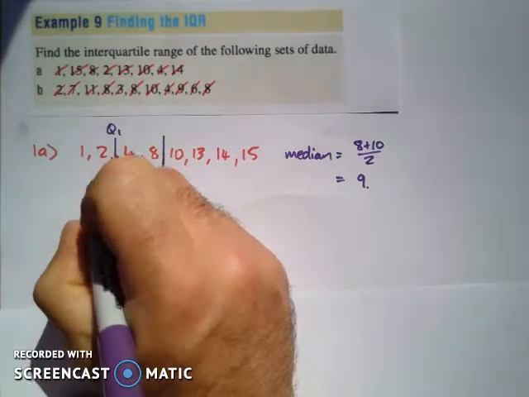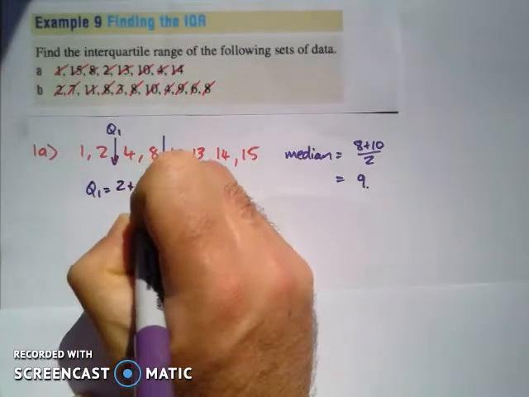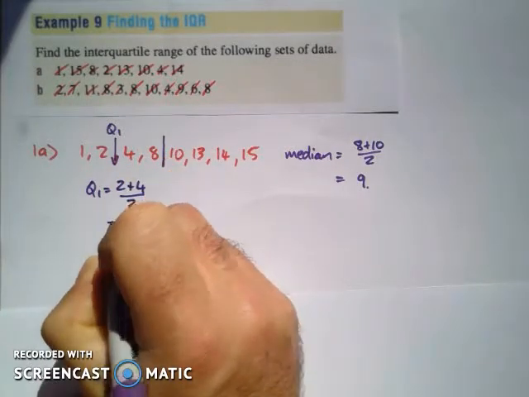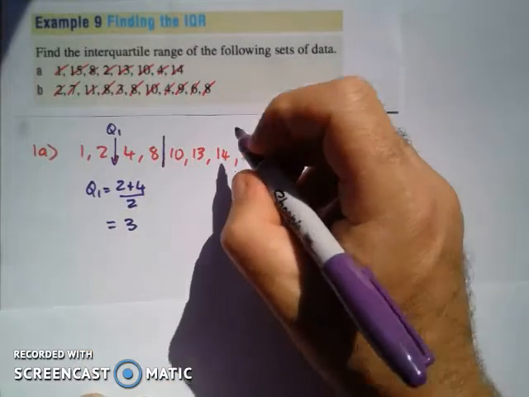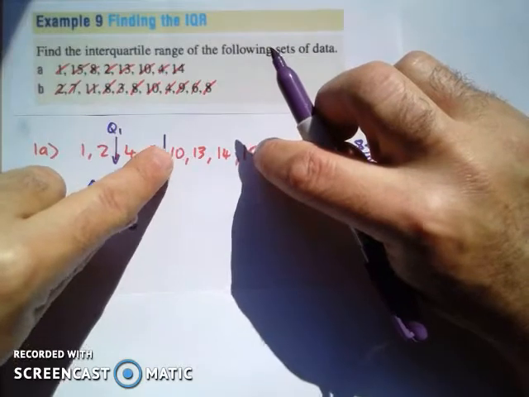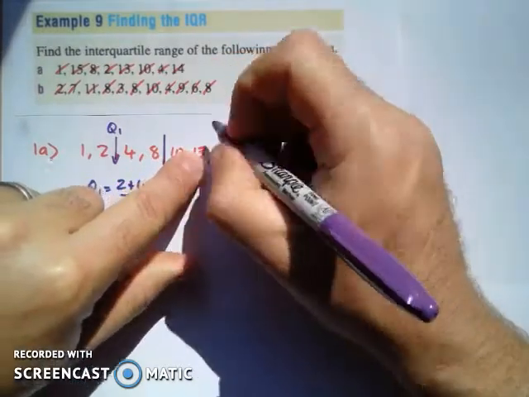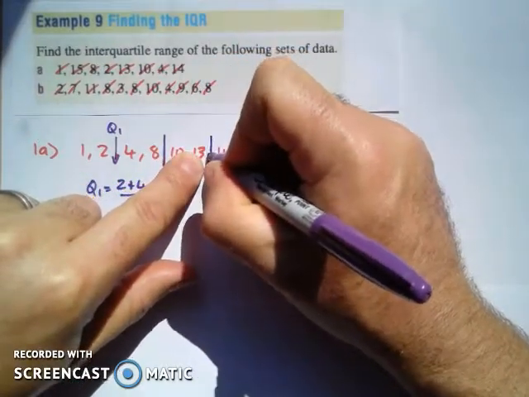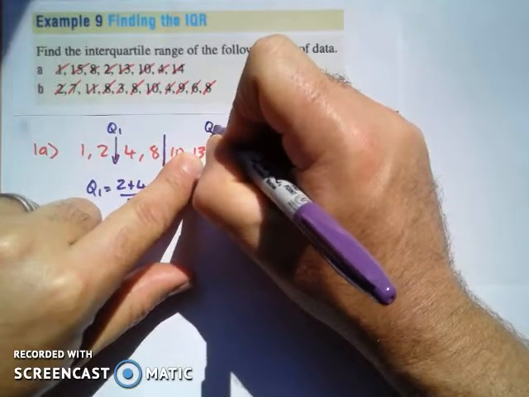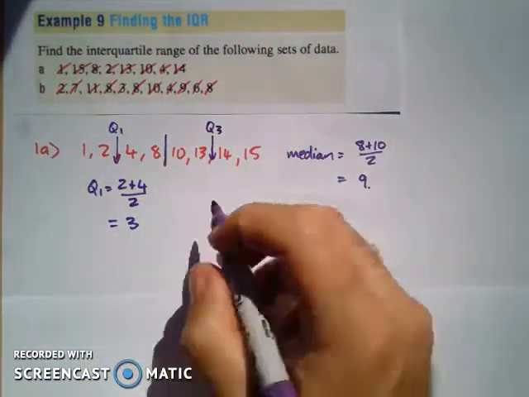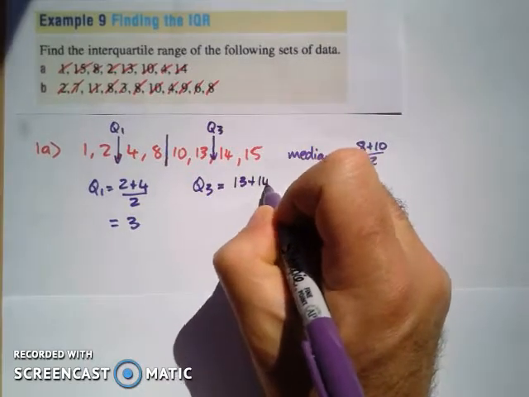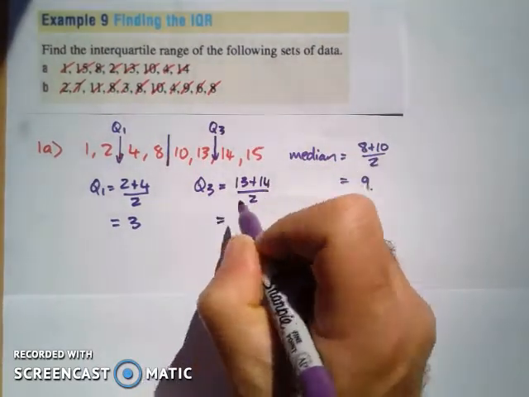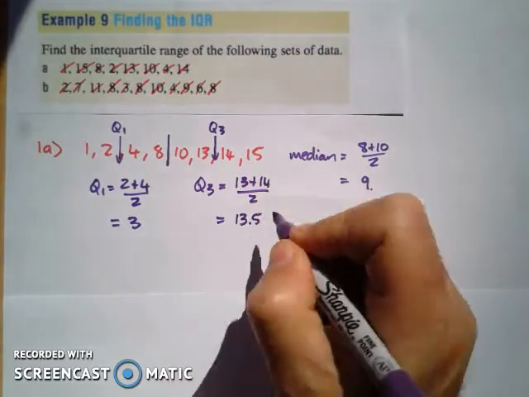Q1 equals 2 plus 4 divided by 2, which is 6 divided by 2, which is 3. And my upper quartile will be the middle of the top half, which is that, so this is where Q3 will be. So Q3 will equal 13 plus 14 divided by 2, that is 13 and a half.